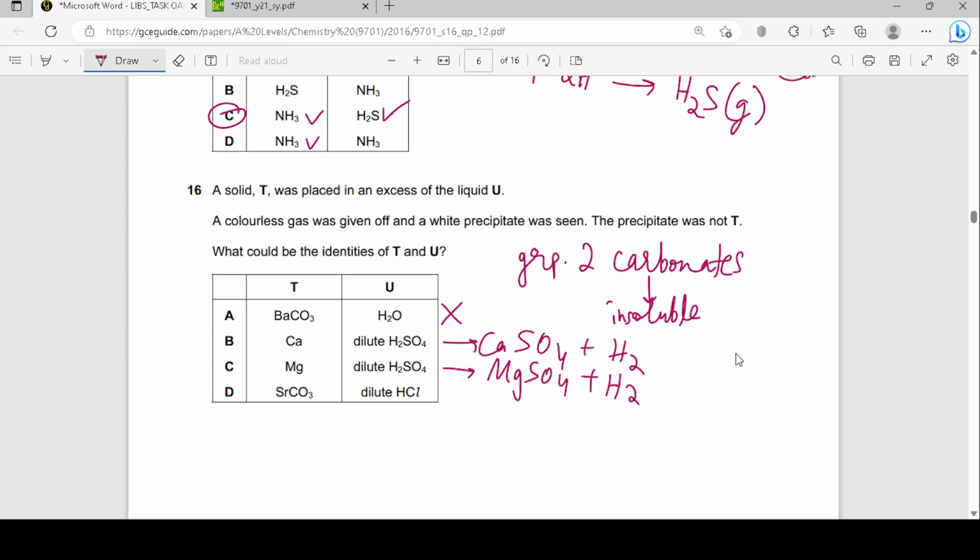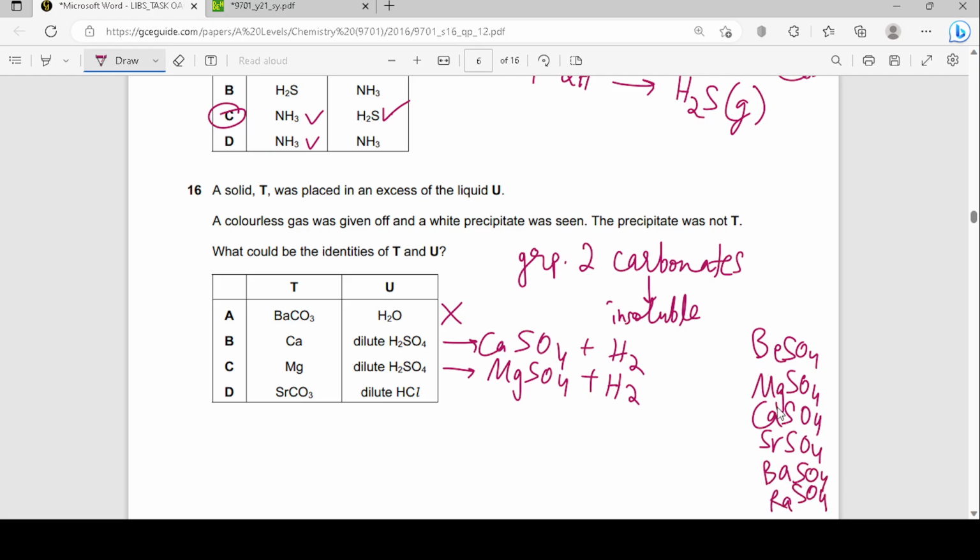But the difference is that if I write down the group 2 sulfates, you have MgSO4, then calcium sulfate, strontium sulfate, barium sulfate, and then radium sulfate.